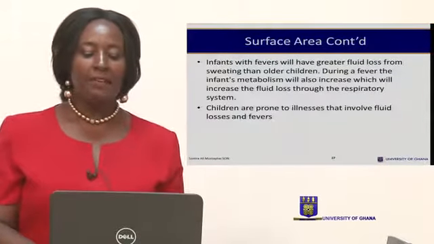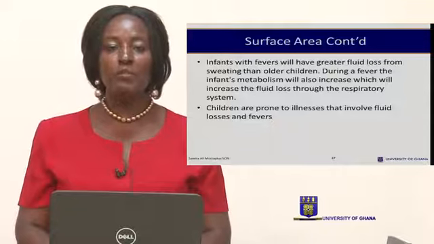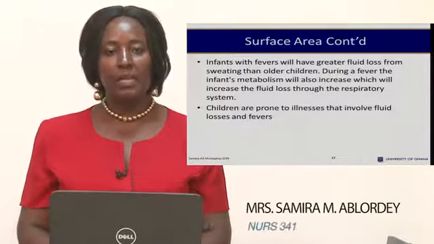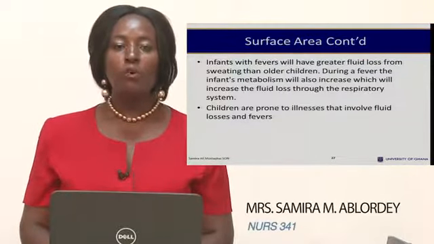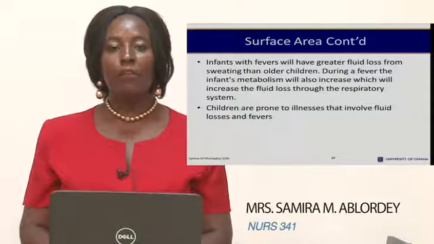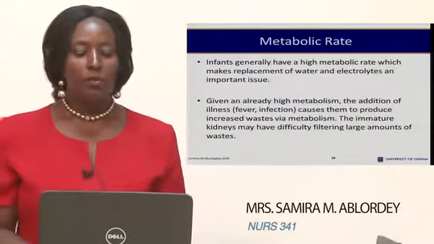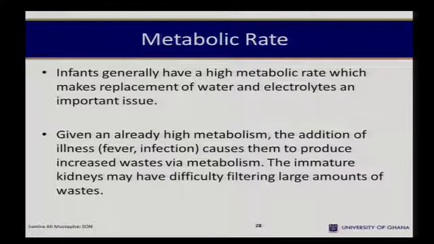So once again, the surface area, we are saying that infants with fever will also have greater fluid loss and sweating in older children. And also children are prone to illness that are involved with fluid loss and fevers. So metabolic rates. Infants generally have high metabolic rates, which makes replacement of water and electrolytes an important issue.